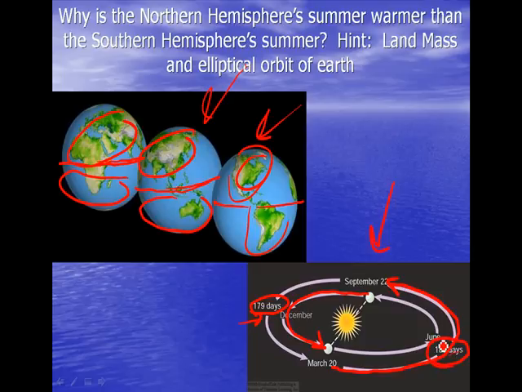So we have a week more of being tilted toward the sun than the southern hemisphere has. So the combination of more land in the northern hemisphere and a week more of the path where we're tilted toward the sun accounts, in part, for the warmer northern hemisphere summer.